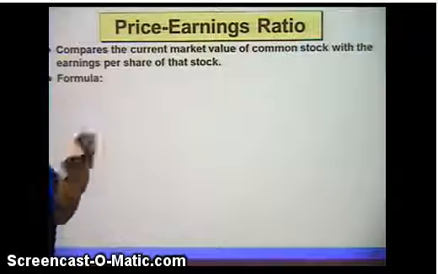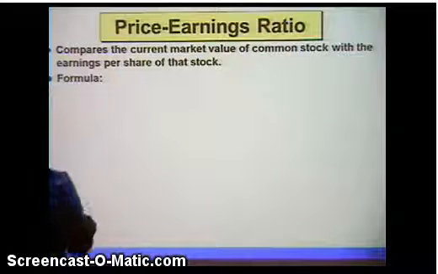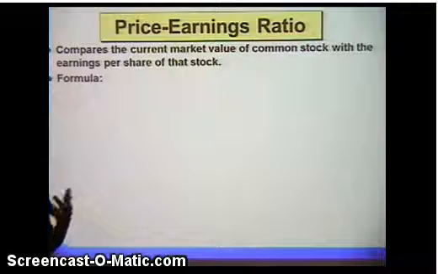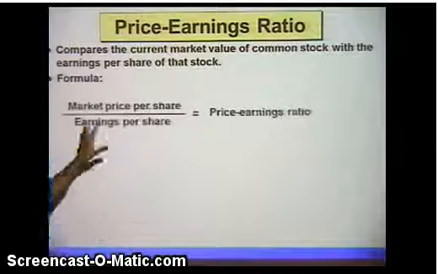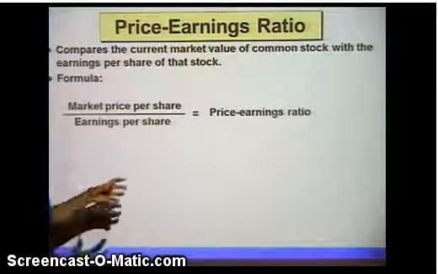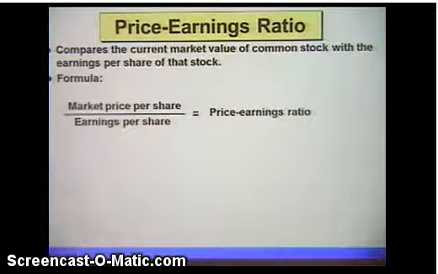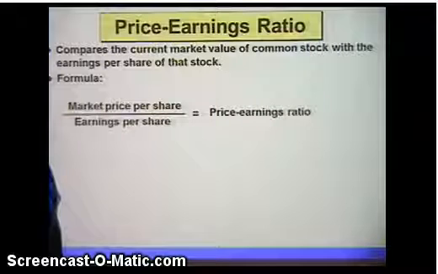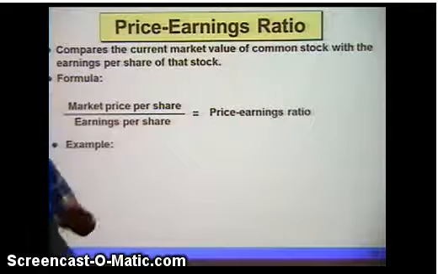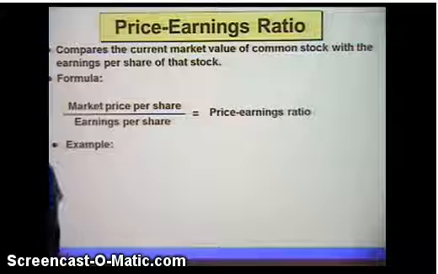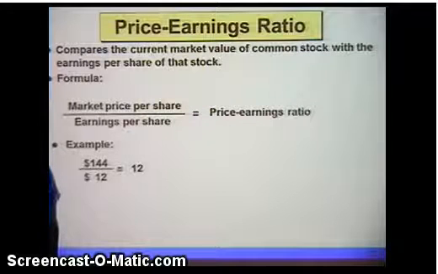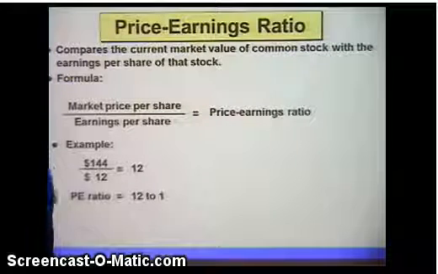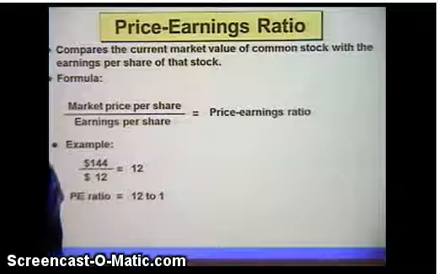Okay. So the price to earnings ratio compares the current market value of the stock with the earnings per share of that stock. If we look at this, we get our little ratio where we look at the earnings and the market price of the stock. What do those earnings look like compared to the market price?